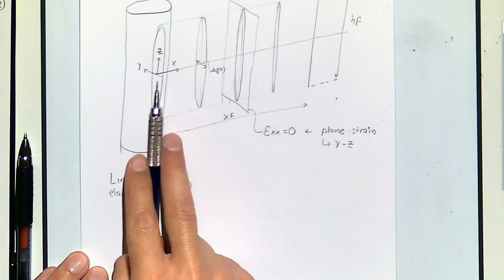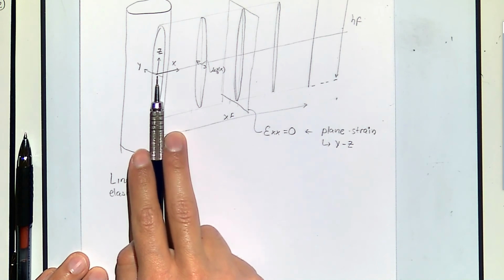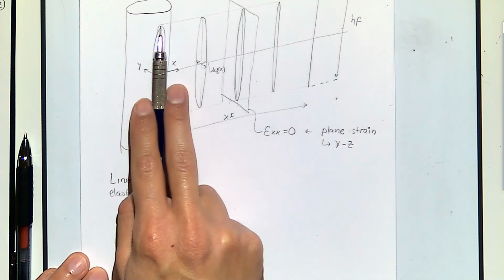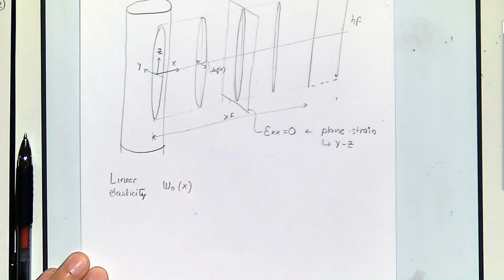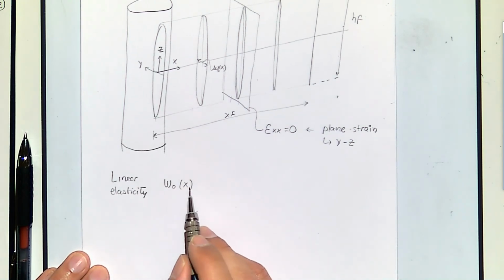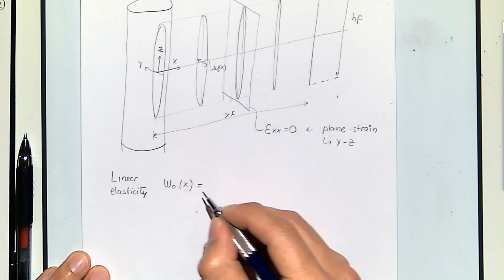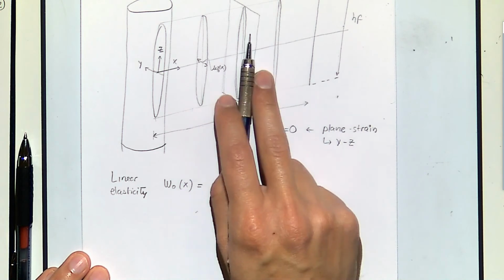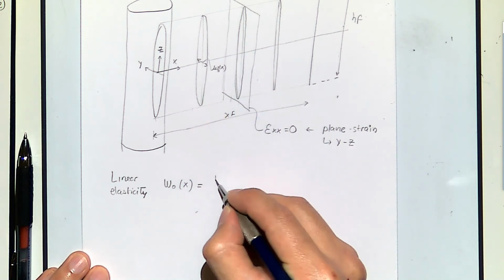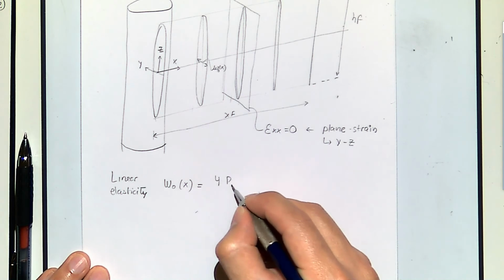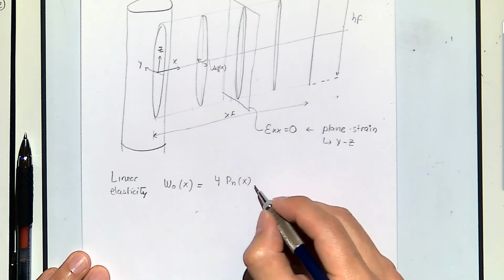Notice that the width varies with the position in coordinate z. It's not the same to be here than to be in the middle. At the top and the bottom it is equal to 0. So the fracture width as a function of x at the center of the fracture, assuming this type of solution, is going to be equal to this, and this is an equation that we already had before.